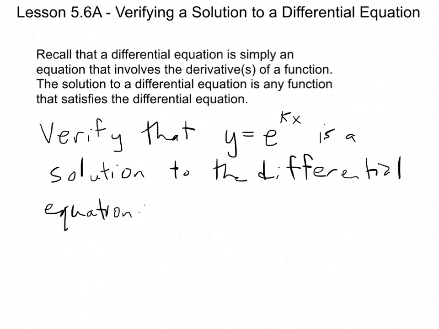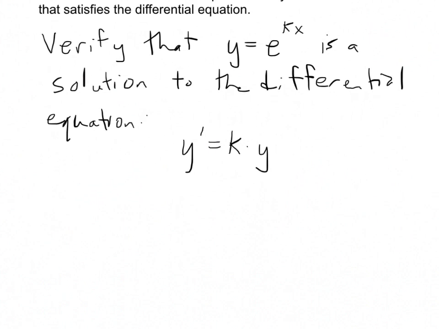And the differential equation I'm going to give is y prime equals k times y. Right? So first of all, take a moment to make sure that you believe me that this thing is a differential equation. Well, I said up above that a differential equation was an equation, has an equal sign, that involves the derivative of a function. So this thing simply says that the derivative is equal to some constant k times y.